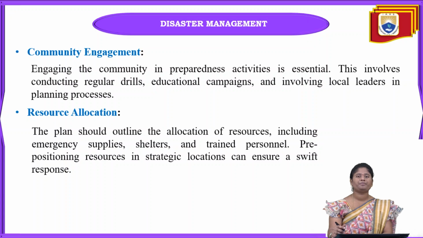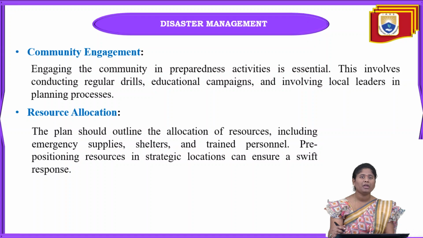And the next one is resource allocation. If an overall area is hit by a natural disaster, we have to allocate resources to that area, like providing shelters and emergency facilities like food and first aid.